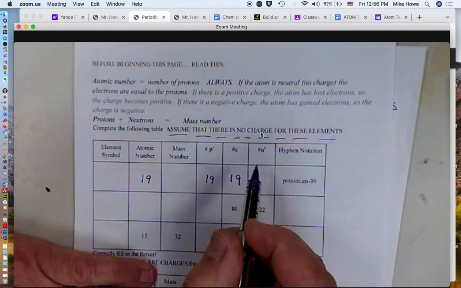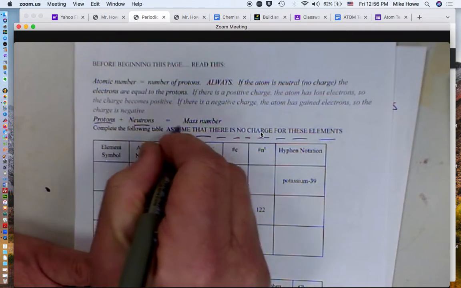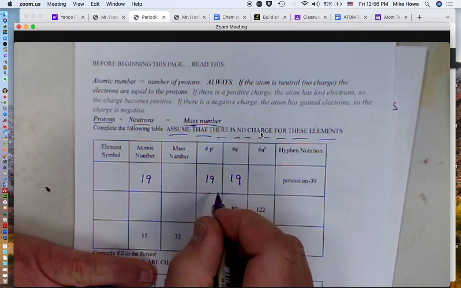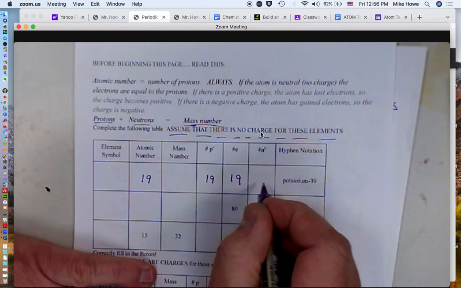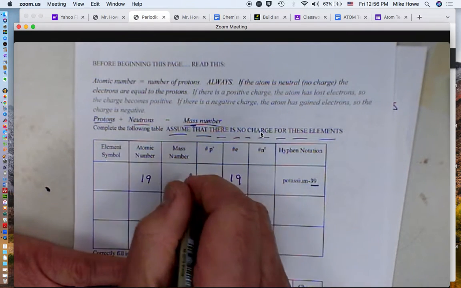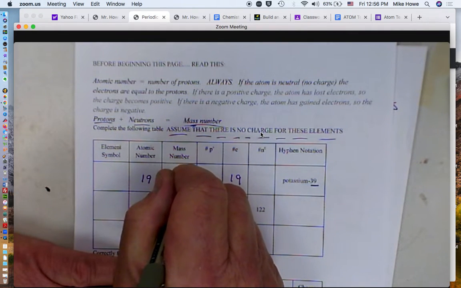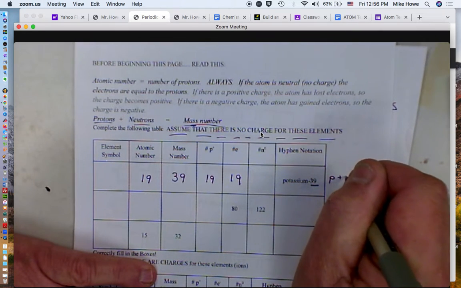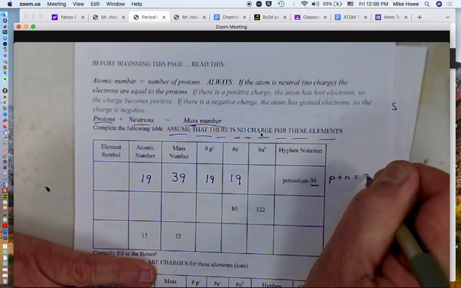All right, it also tells us that the protons plus the neutrons is equal to the mass number. Well, we don't know what the neutrons are, but we do know the mass number. The mass number is 39. It tells us right there. So now we know that the protons plus the neutrons is equal to 39.